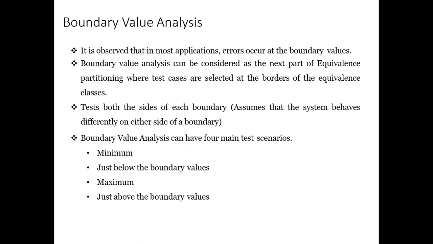In boundary value analysis, we select test cases which are at the borders or the edges of the previously identified equivalence classes, right? And here it is a must to test both sides of each boundary, and we assume the system behaves differently on either side of a boundary.